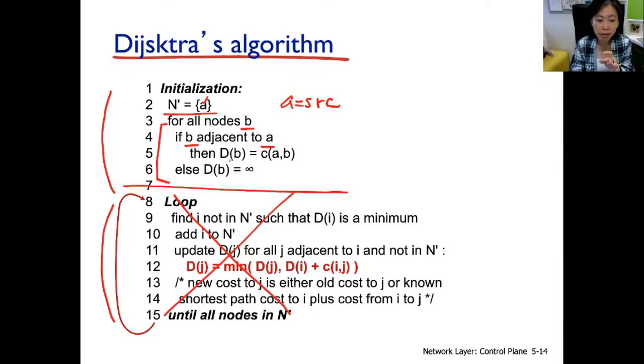If it is, we've discovered a way to go to this particular destination, and the distance to it is the link cost between node A and node v. Now, if the node is not adjacent to A, then it's going to trigger this line here. No route has been discovered yet to this destination, therefore the distance to the destination is infinite.